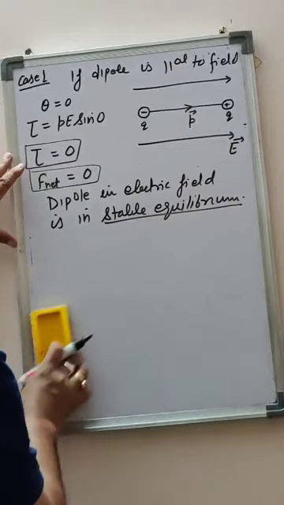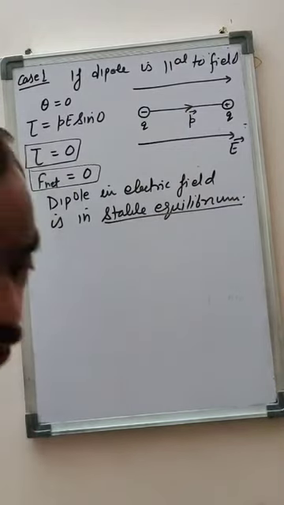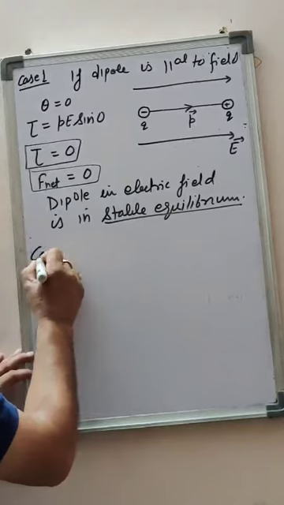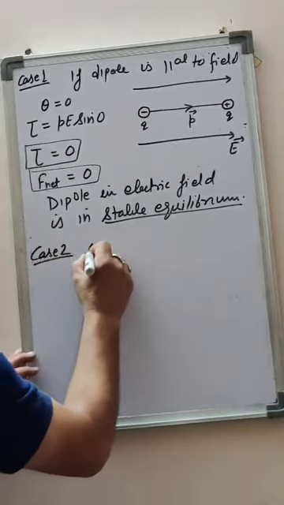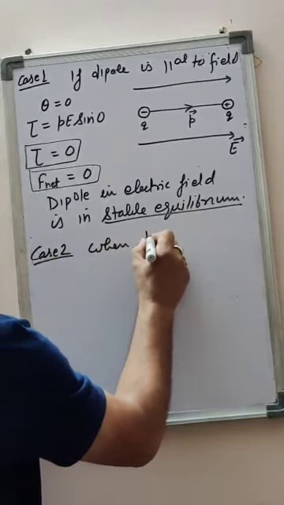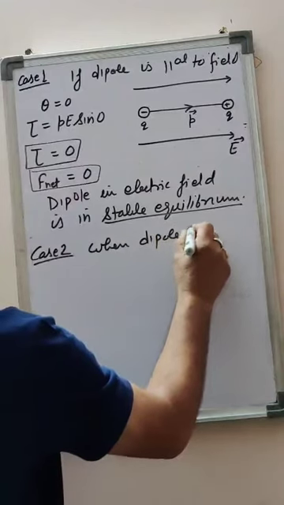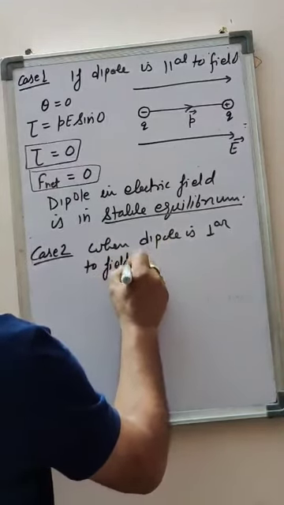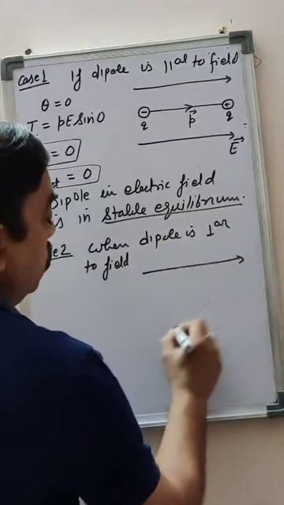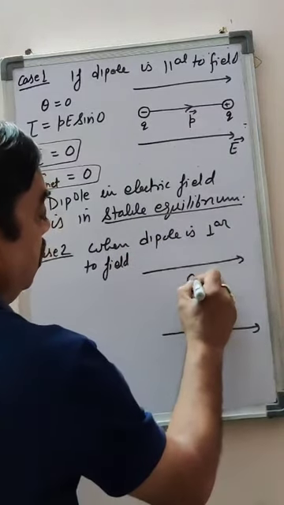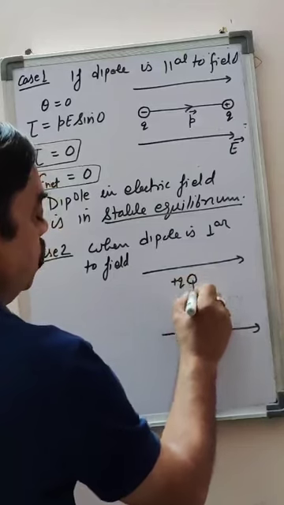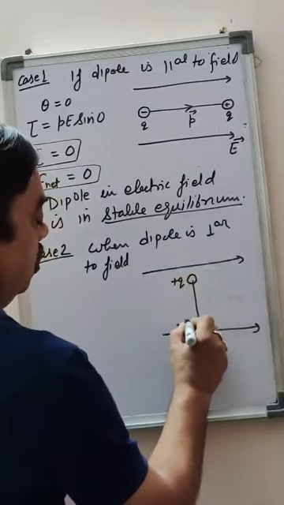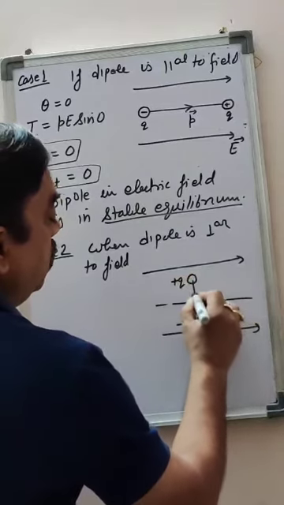Now case 2, when the dipole is perpendicular to the field. In this way, this is the uniform field and this is the dipole, plus q, let us suppose this is minus q, and this is perpendicular to the field.